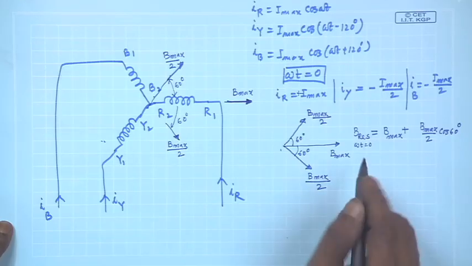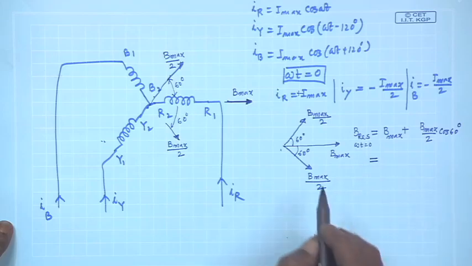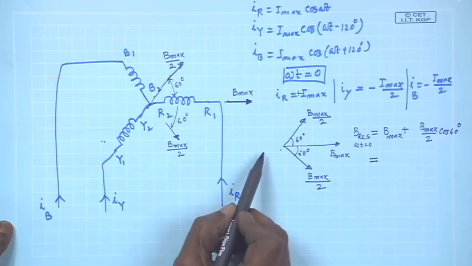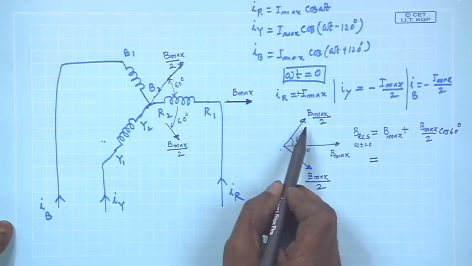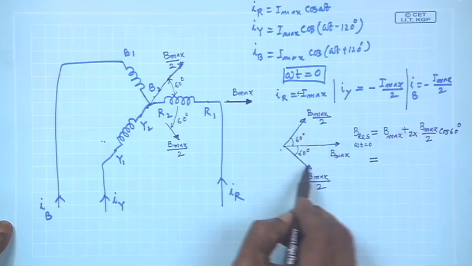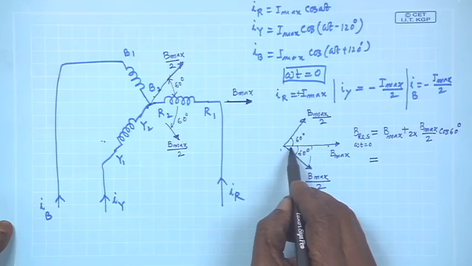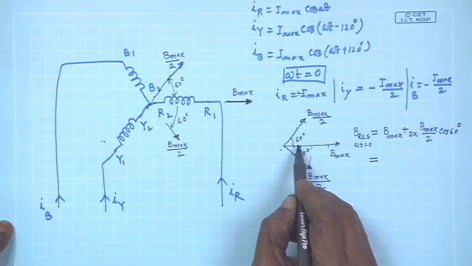Half. So, did I do any mistake here? So, this value is B max by 2, this is B max by 2 and then 2 into this, because the projection of this here and projection of this plus this projection, this projection.